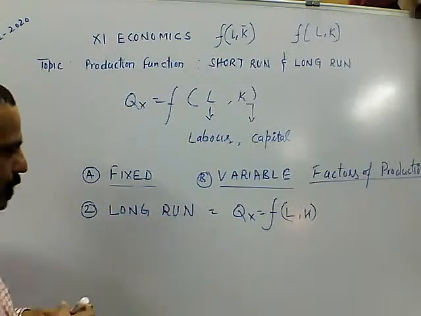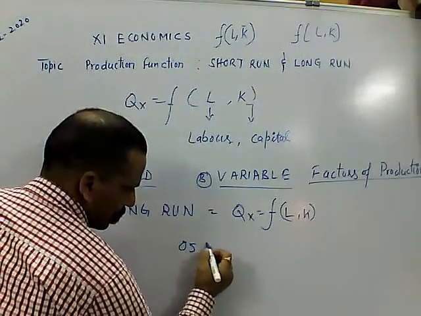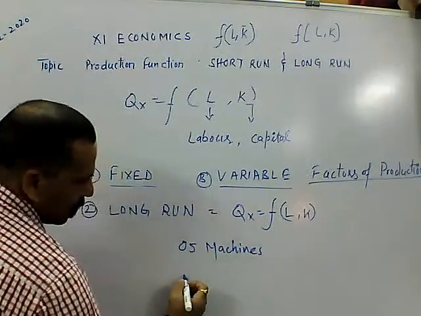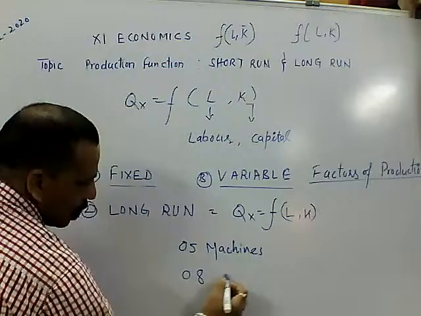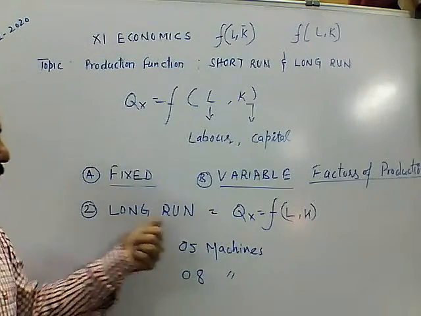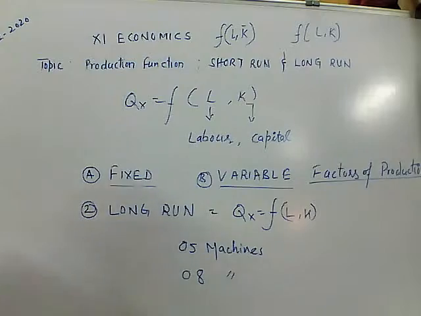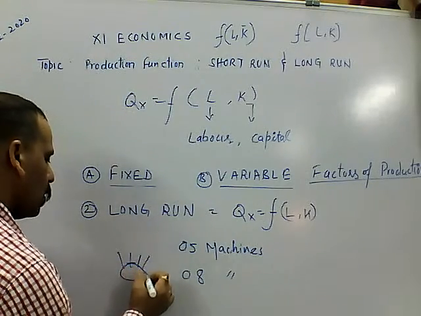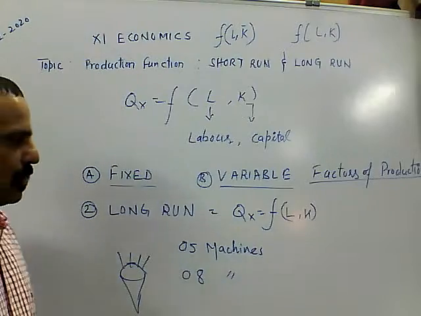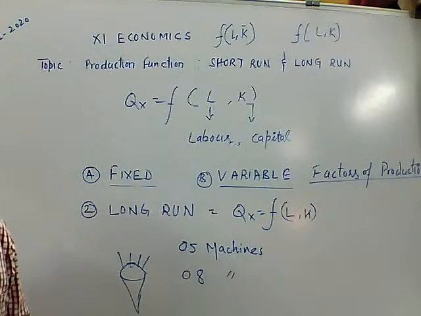Earlier you had five machines. If you want to increase the number of machines, the number of machines can be purchased in the long run to produce more and more, for example ice creams.